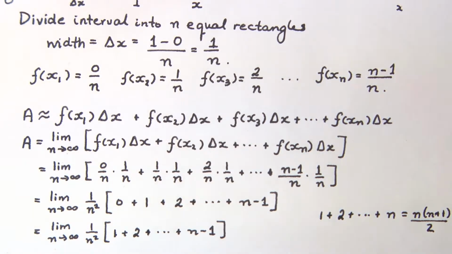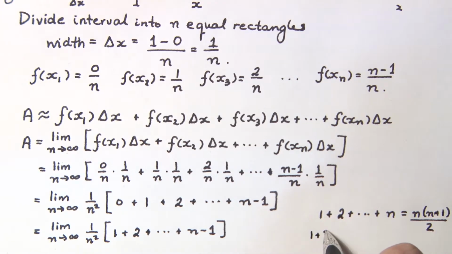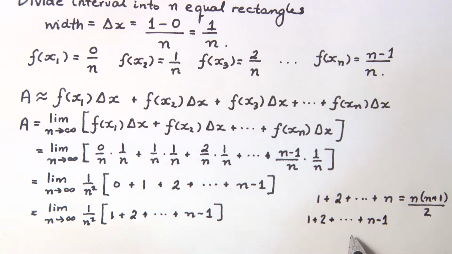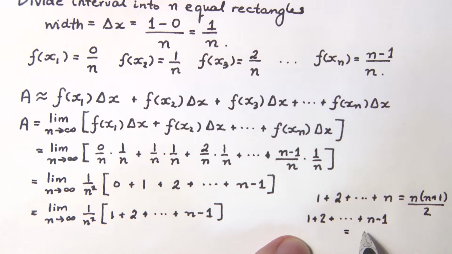So in this case, we're going to have 1 plus 2 plus all the way up to n minus 1. So what does that equal? Well, that means that it equals n minus 1 times n divided by 2.